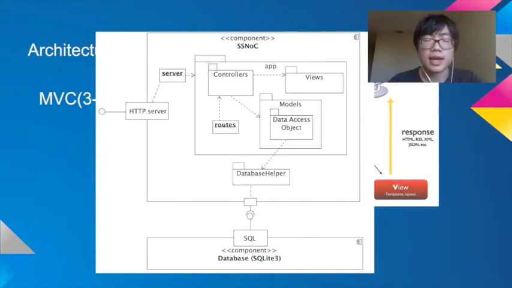The models are well connected with the database. They implement operations on the database. Finally, the controller will use the view to render the web page and return the result.